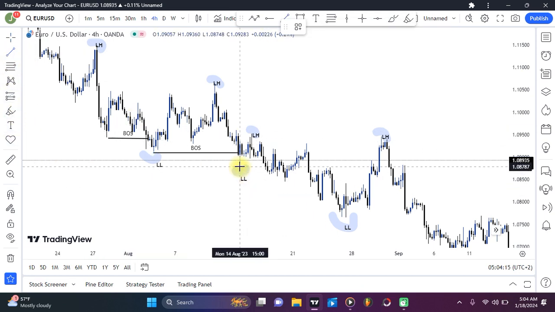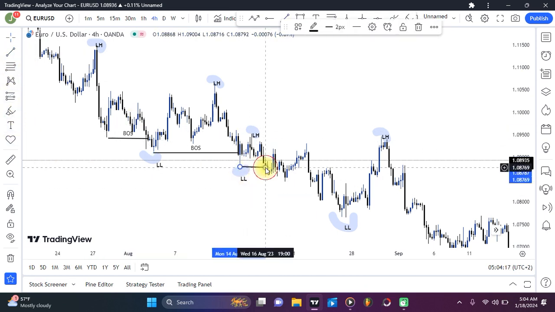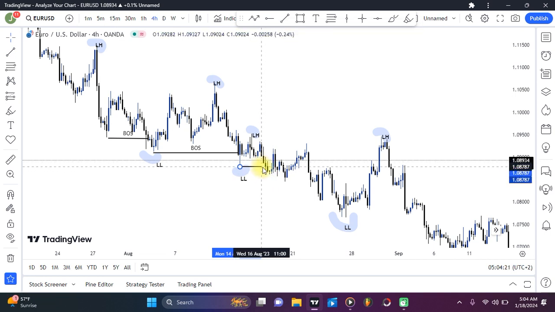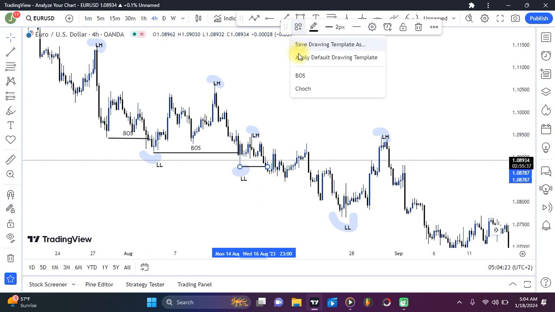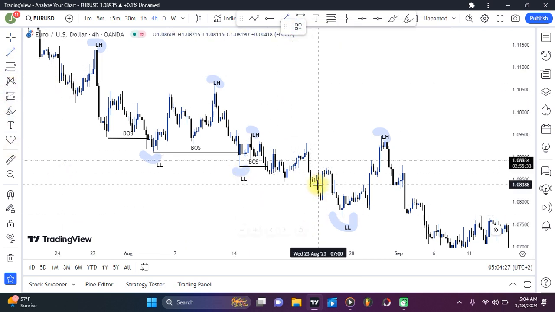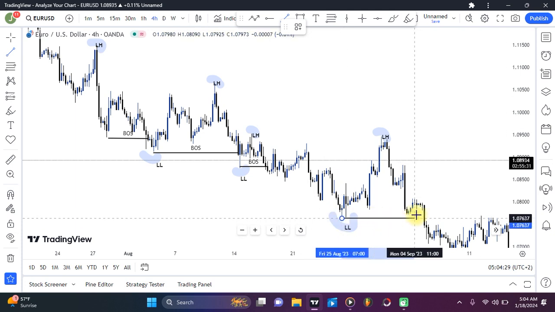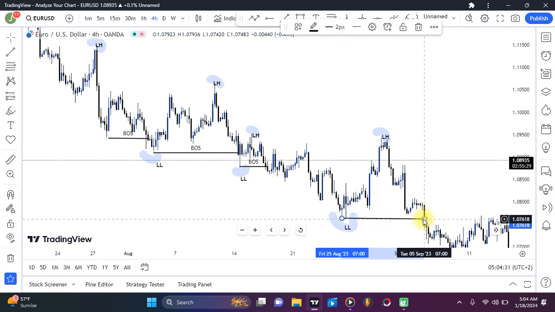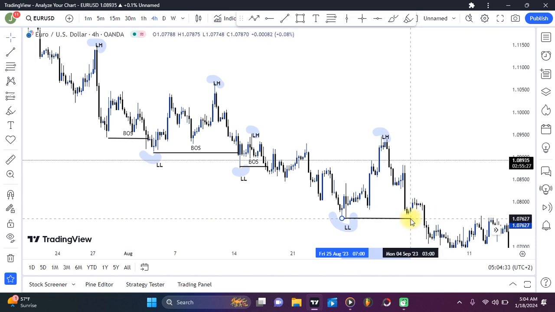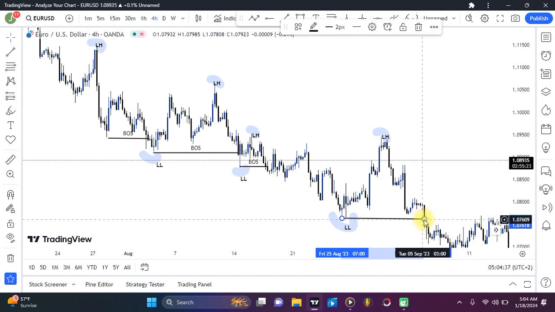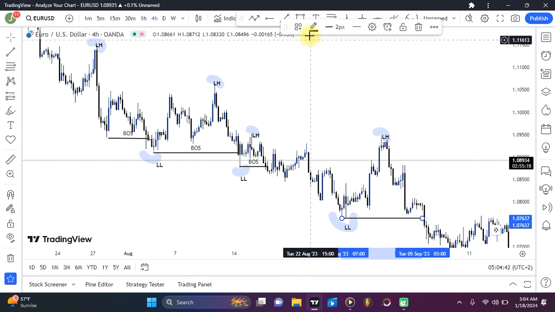And this over here is also our breakout of structure, and this over here again is our breakout of structure. So each and every time when a low is taken out, or if we're in a downward trend, each and every time when a lower low is taken out, that is our breakout of structure.